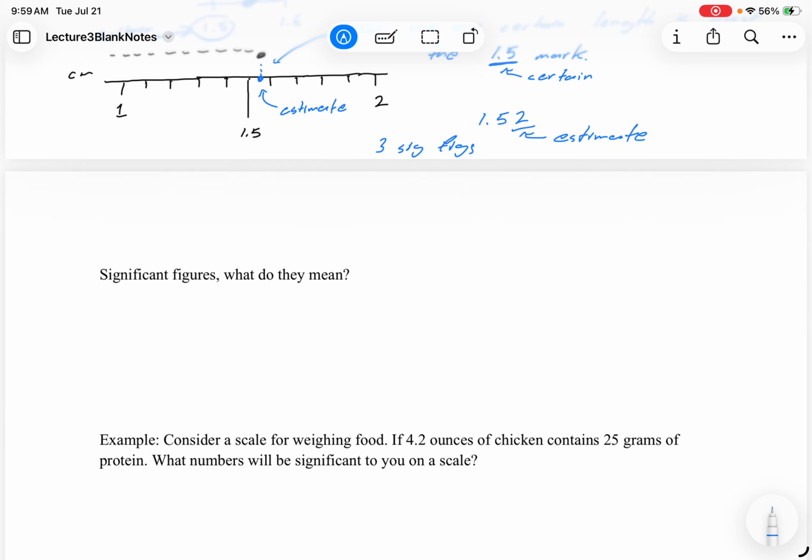Significant figures, what do they mean, right? We've been talking about significant figures, but what exactly do they mean in this case?